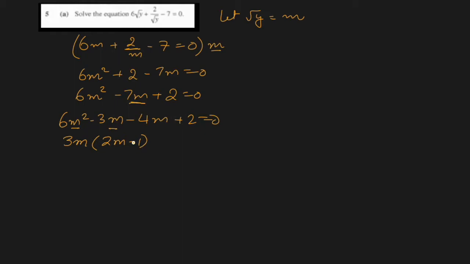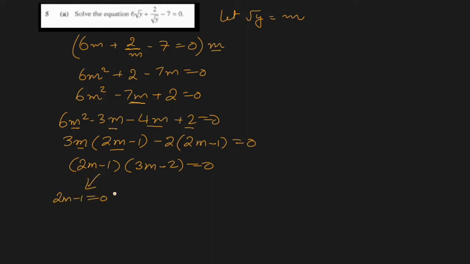So it will be 2m minus 1 from these two, and these two I can have negative 2 common, so we'll be left with 2m minus 1 again. So 2m minus 1 is in both, and we'll be left with 3m minus 2 from both the terms. So since their multiplication is equal to 0, that means either this is equal to 0 or this is equal to 0, and we equate both of them equal to 0.